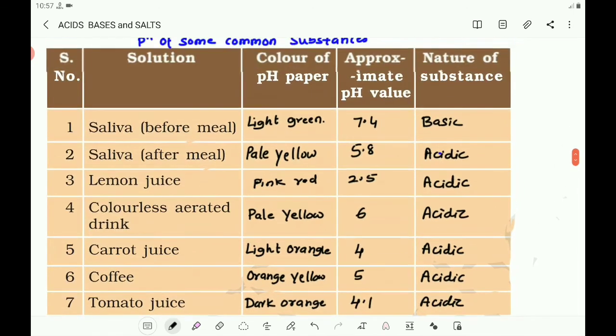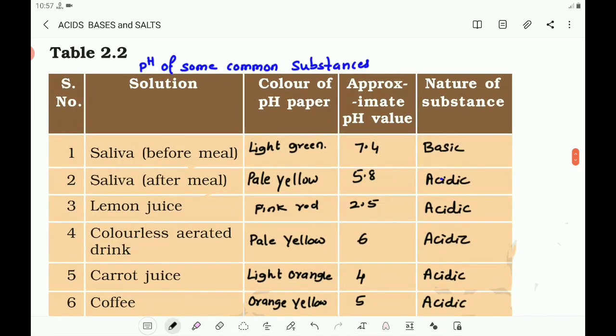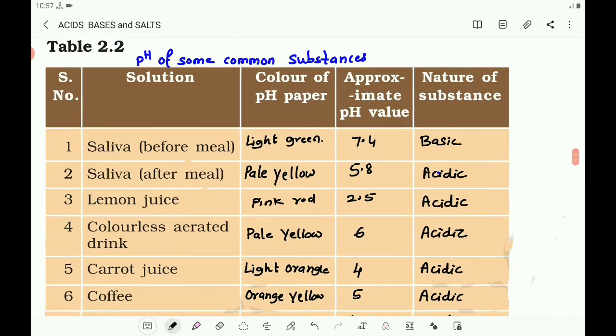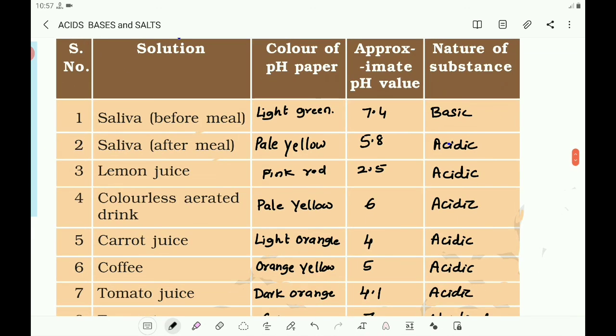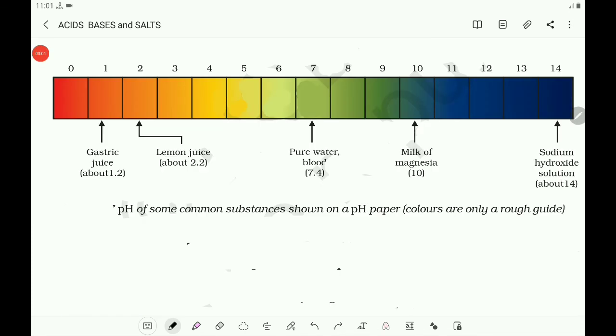That is about the color of the pH paper, approximate pH value, and nature of the substance. Here you observe the color range. It starts from 0 and ends at 14. As the redness increases, the acidic nature increases.